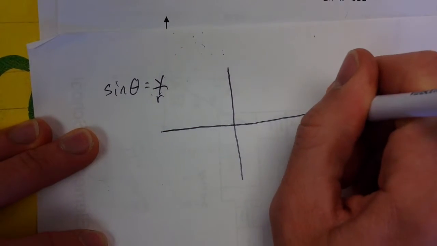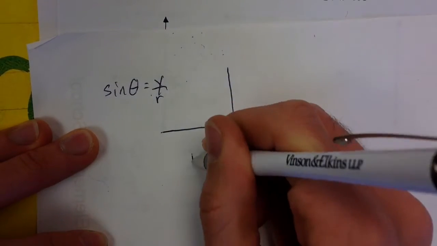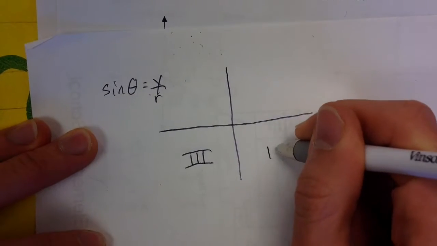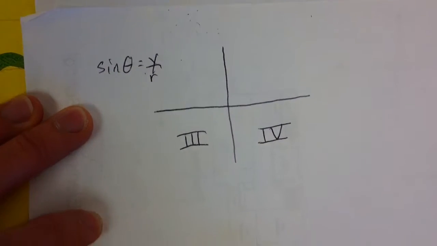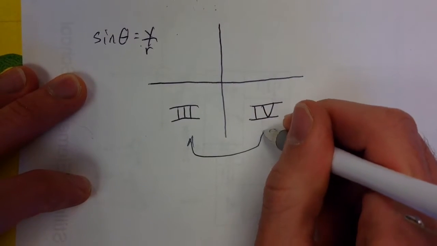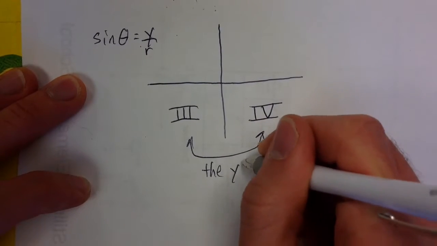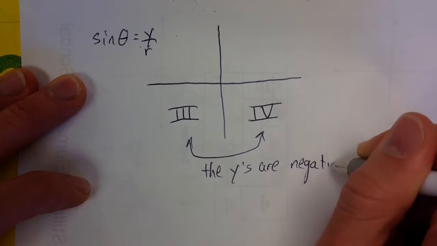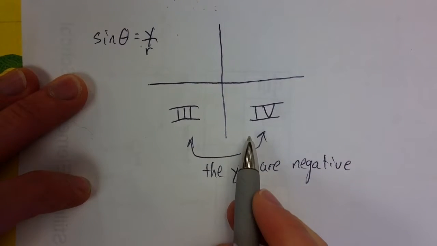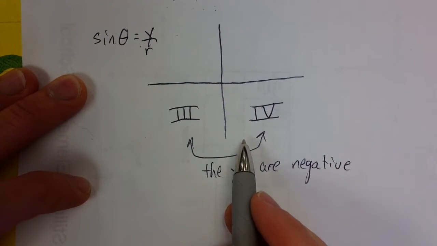Using Descartes' system, in the third and fourth quadrant, the y-coordinates are negative. Always. Therefore, in those quadrants, sine will be negative.